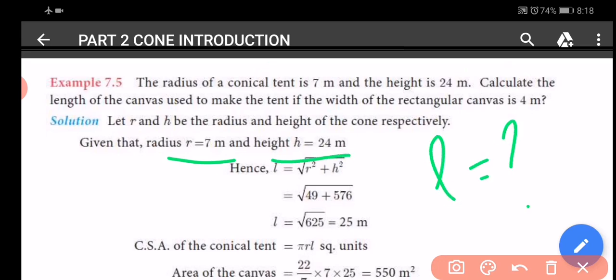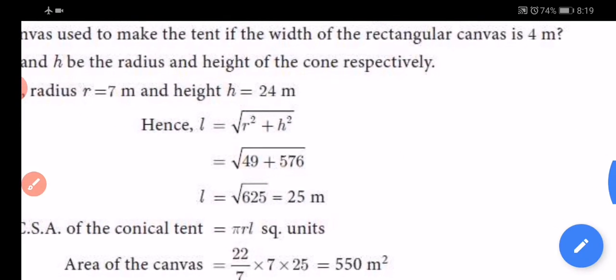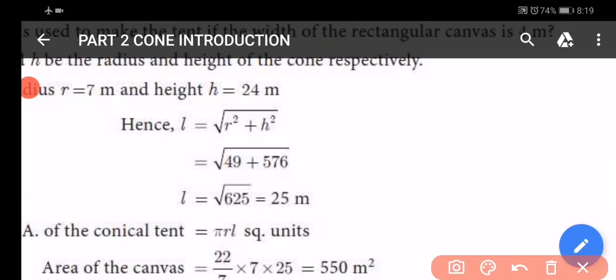So first we find the slant height of the cone, and then we find the curved surface area, that is how much area of canvas is needed to make the tent, and then find the length of the canvas. So first we discuss the slant height of the cone.